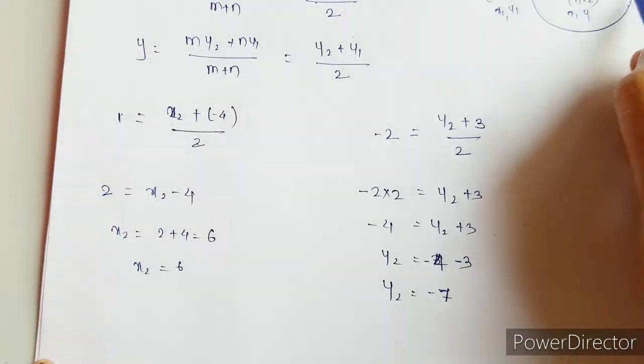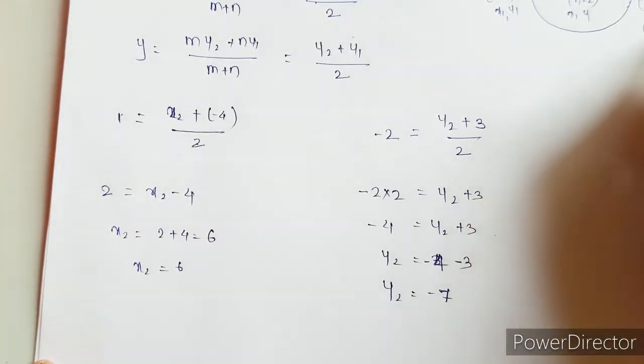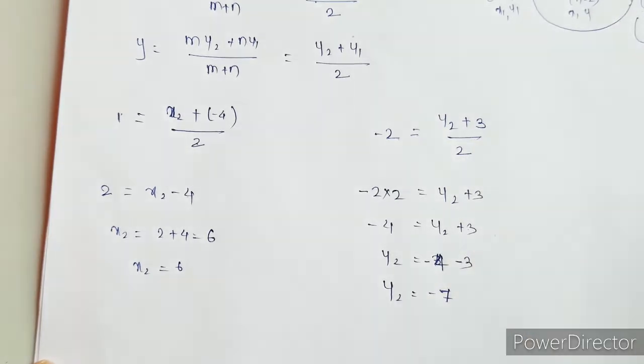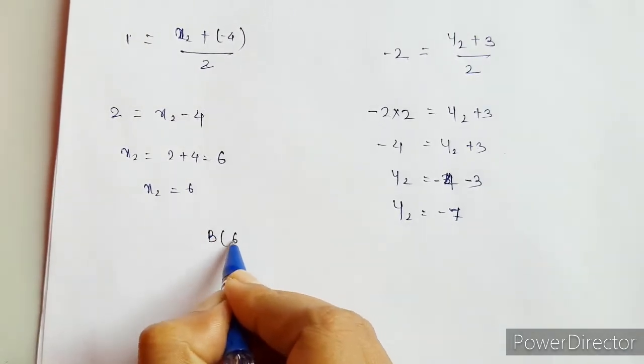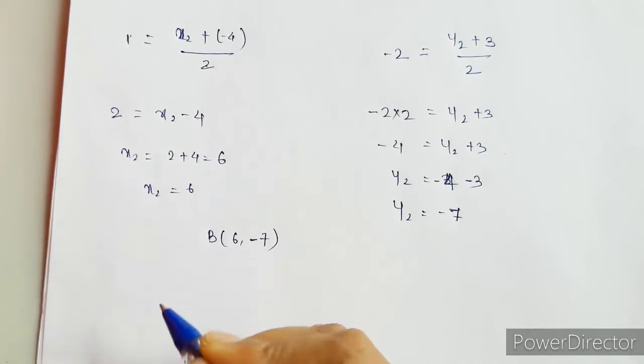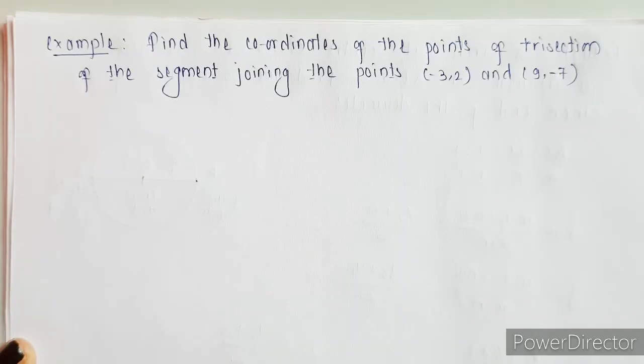So the coordinates of this point x2, y2, that is B, is 6 comma minus 7. So the coordinates of the other point of this diameter is 6 comma minus 7. So point B is nothing but 6 comma minus 7.